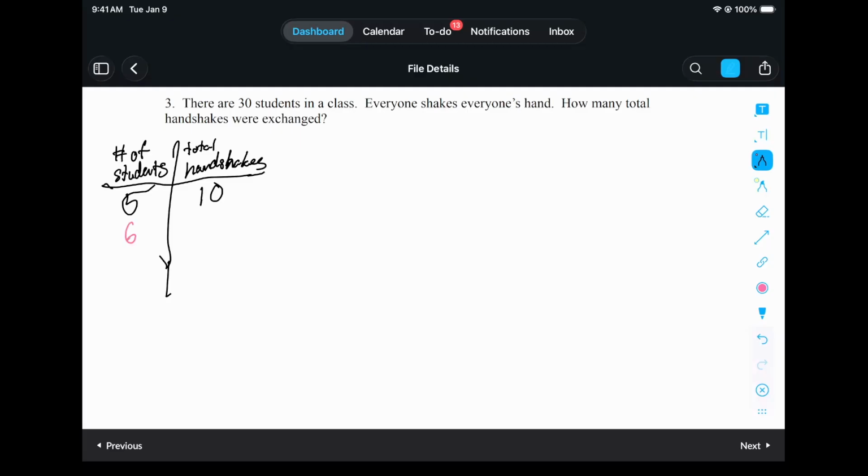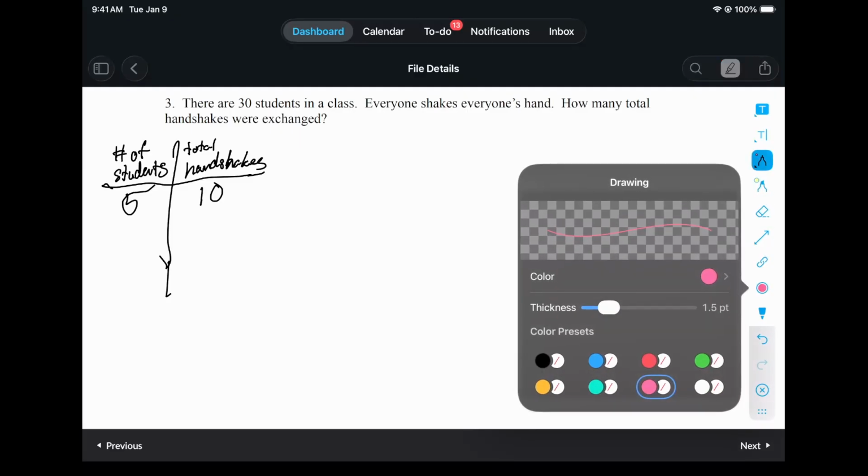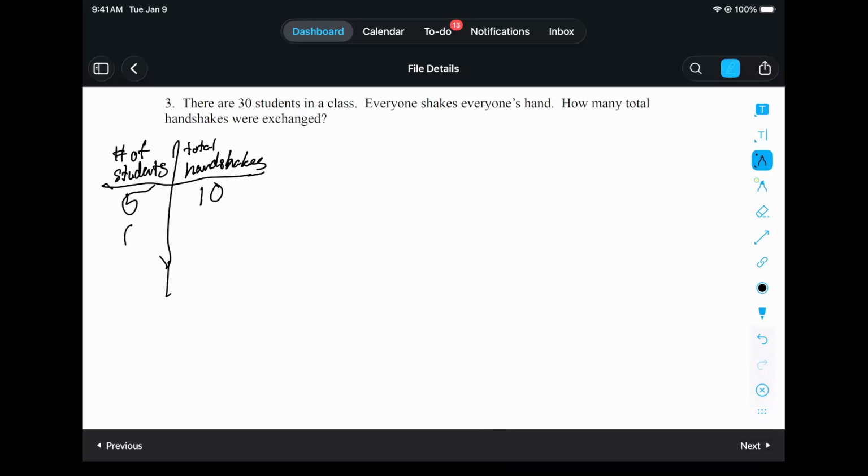So 6 students. Oh, forgot I was still writing in pink. 6 students, 15 handshakes. Say we got 3 people.